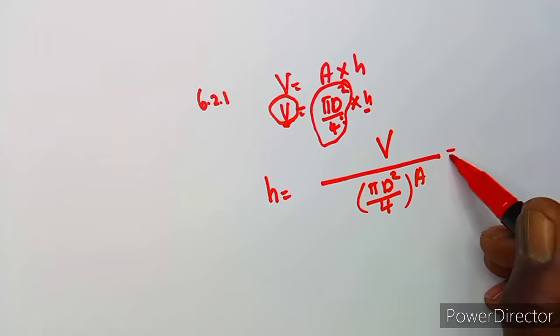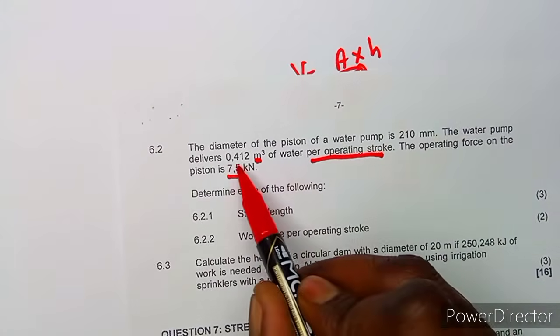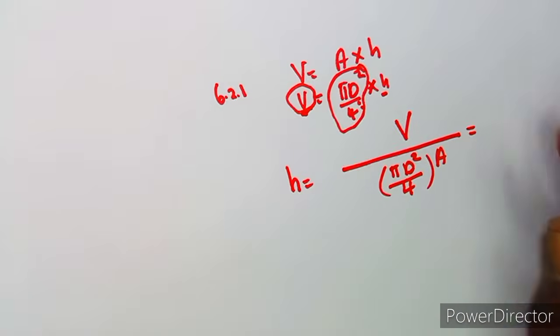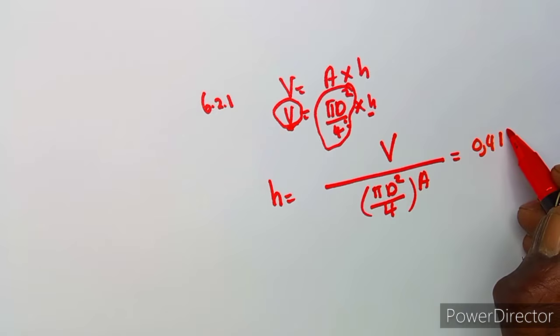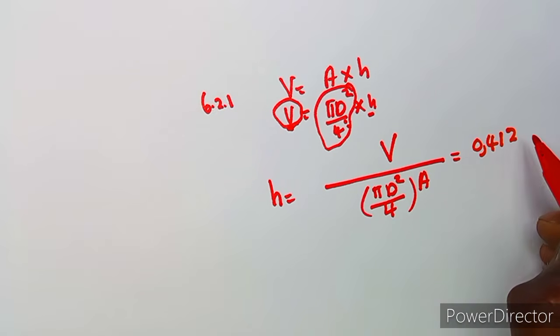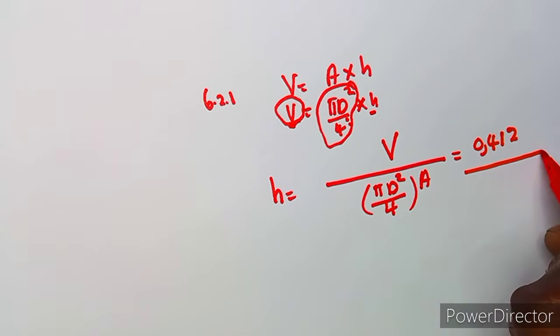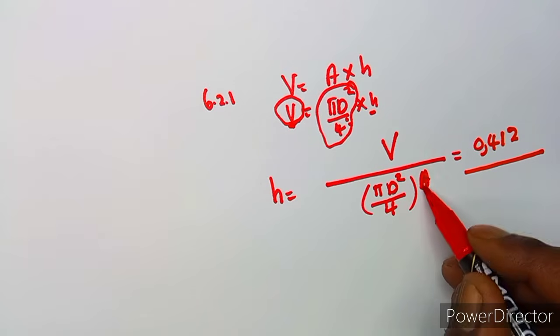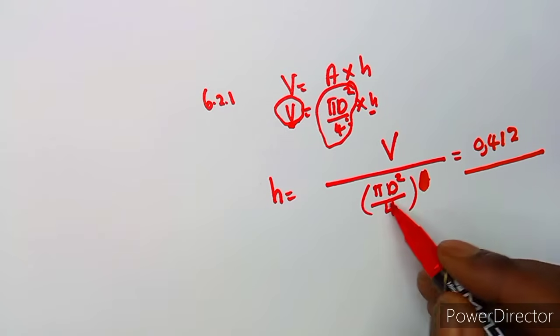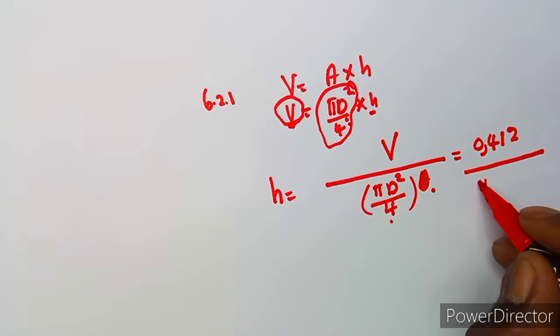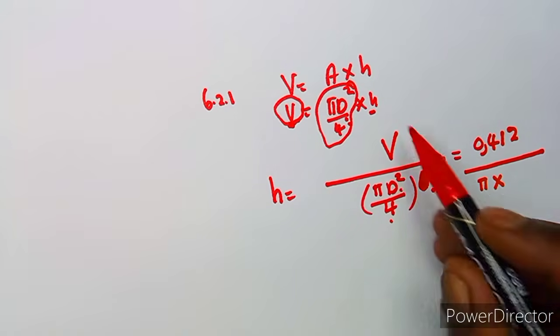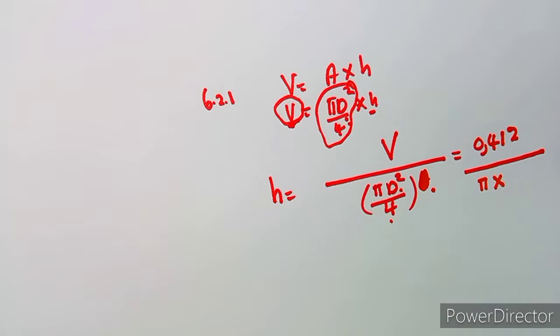Your volume in this case is the volume per operating stroke, 0.412 cubic meters, over the area, which you can write as area or put like this: pi times d squared. Where is our d? We just get this information, that's here.